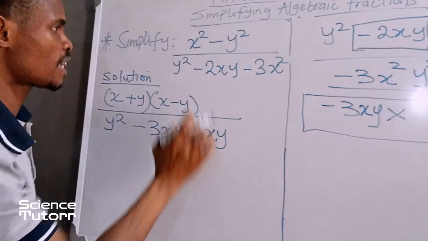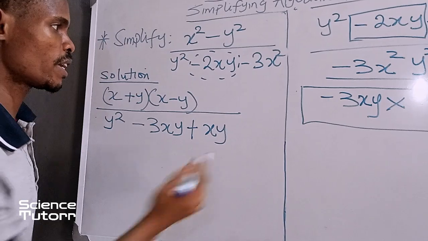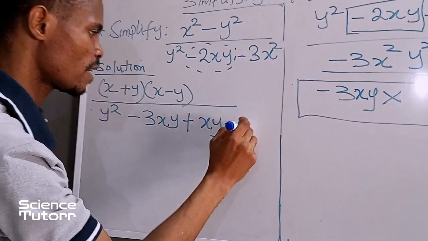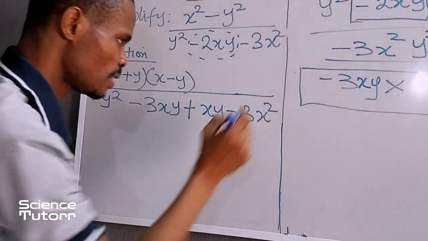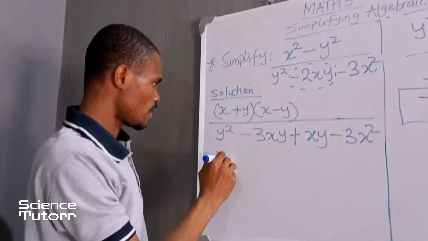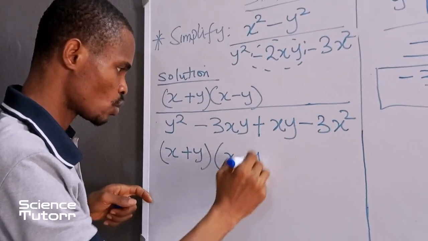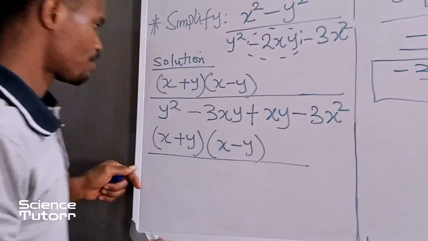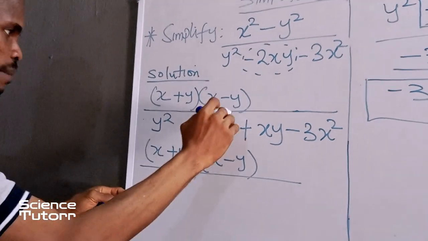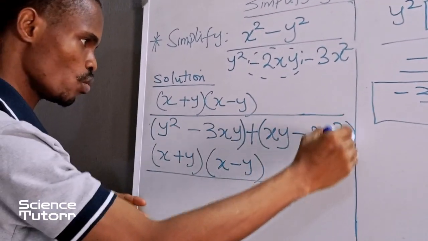Now this takes care of this expression here, and then I have minus 3x squared. At this stage, we are going to simplify. Numerator x plus y, x minus y divided by, let's group. So we take them 2 by 2, I take these 2 and these 2.